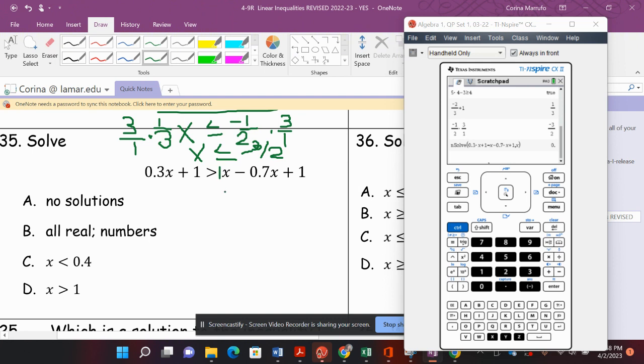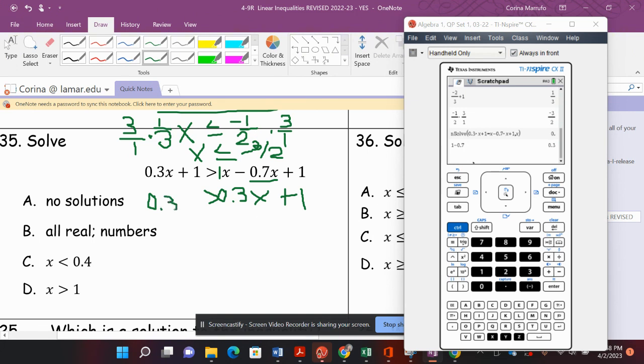So 1 minus 0.7 is 0.3. 0.3 x. If you're not sure, put in your calculator, 1 minus 0.7. Okay, I'm not just making these numbers up. They come from somewhere. So 0.3 plus 1. And then this is greater than, and this is also 0.3.